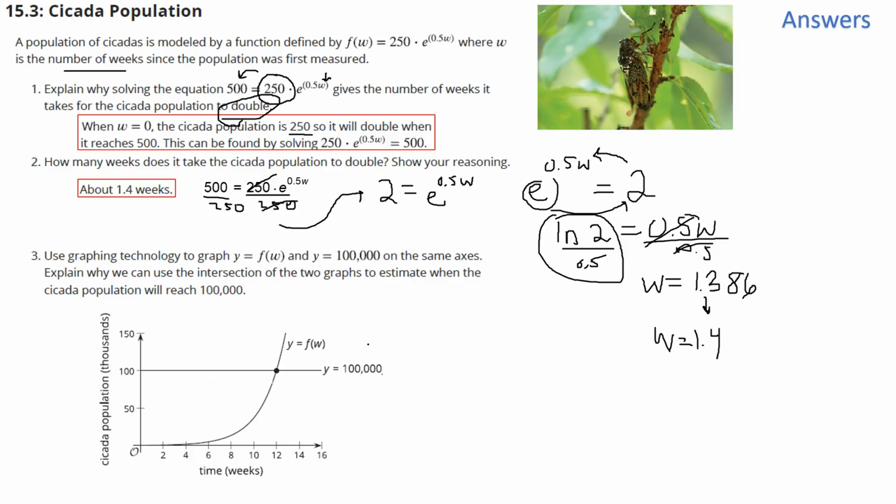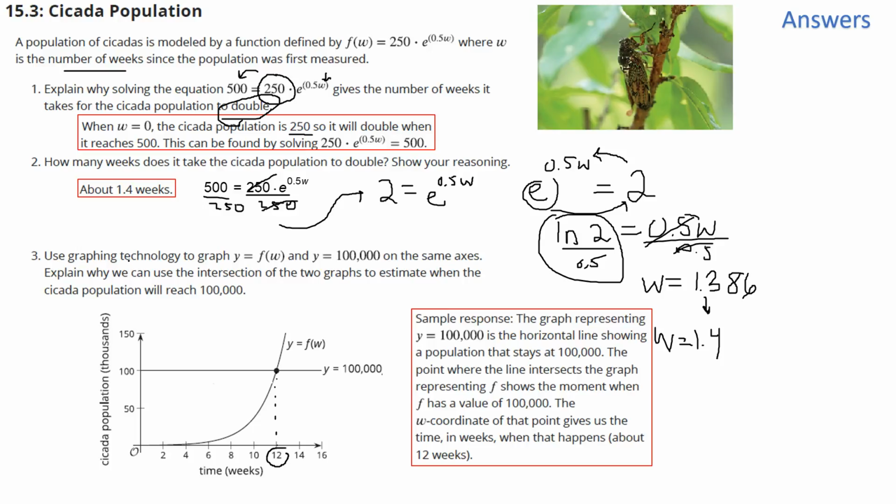All right. So now that you guys had a chance to do that, the intersection where y equals 100,000 and the f of w graph cross, they cross right here. And if you notice, that intersection point is at 12 weeks. So that question is saying, explain why we can use that. Here's the sample response. The graph representing y equals 100,000 is the horizontal line showing the population that stays at 100,000.